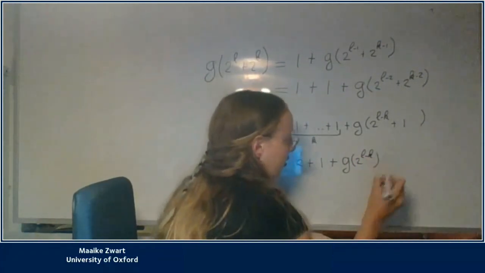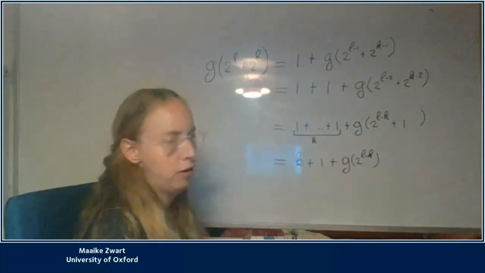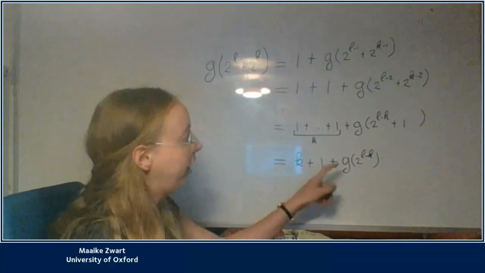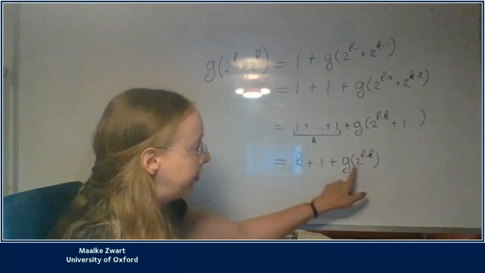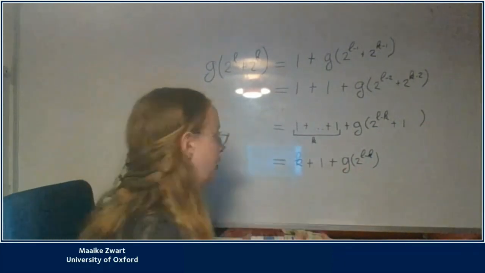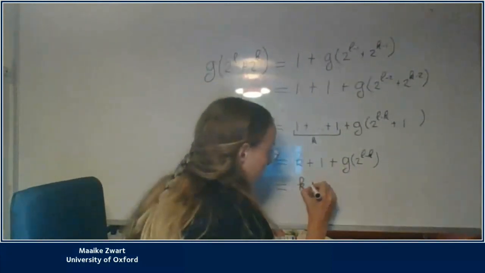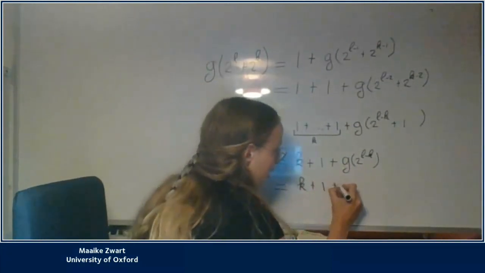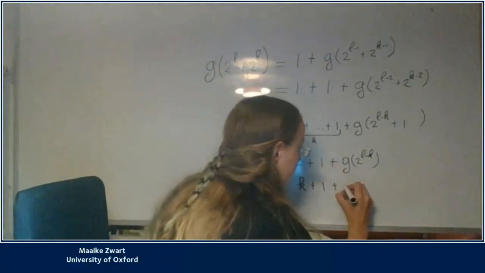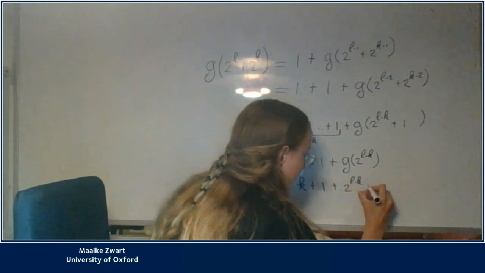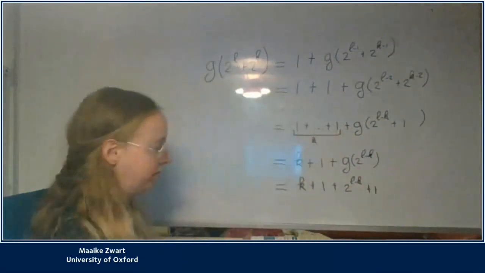So that'll be just g of 2 to the power of L minus K. And now we know from the previous question what this is. That'll be K plus 1 plus, from the previous question, 2 to the L minus K plus 1.